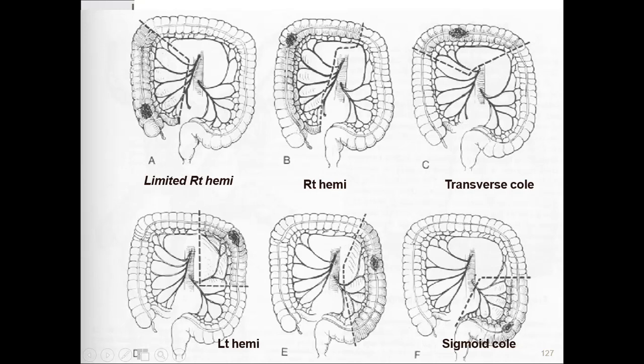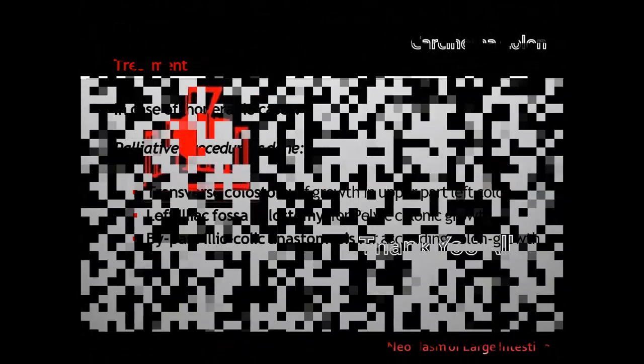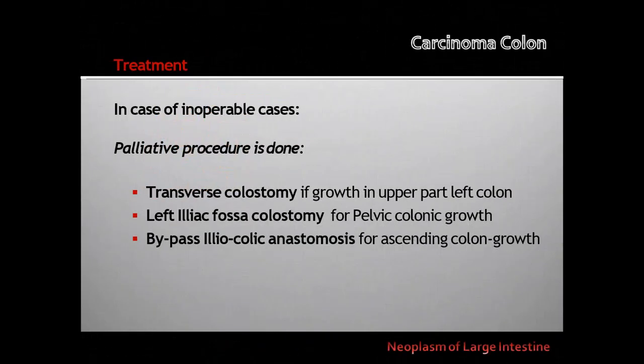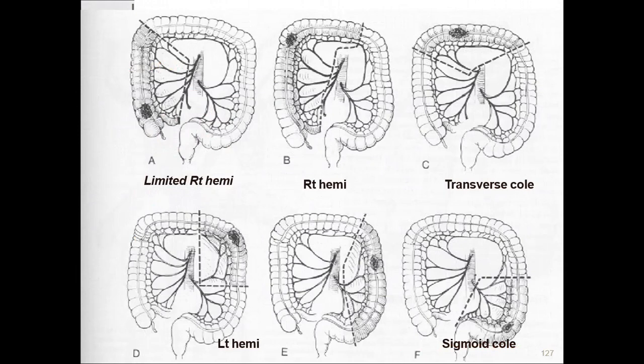This is a line mark showing the right hemicolectomy, the limited right hemicolectomy, and in the extended right hemicolectomy, we have to excise the cecum, the terminal 20 centimeters of the terminal ileum, and part of the transverse colon by ligating the ileocolic vessel, the right colic, and the right branch of the middle colic artery.